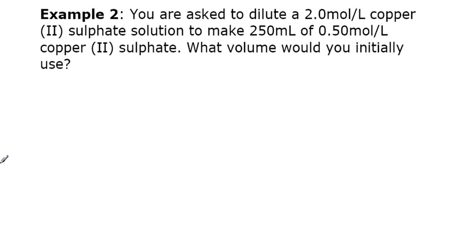Here's our second example. You're asked to dilute a 2 mole per liter copper 2 sulphate solution, and you want to make 250 milliliters of 0.5 mole per liter copper 2 sulphate. What volume do you initially use? So let's first look at what we're trying to find. What volume would we initially use? That means our starting volume. They're referring to our more concentrated solution, the 2 mole per liter copper 2 sulphate solution.